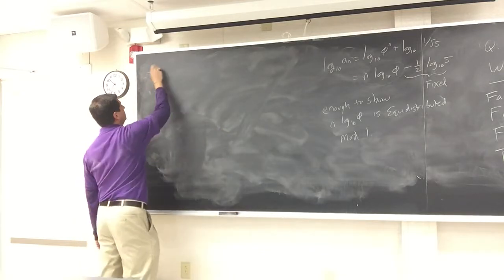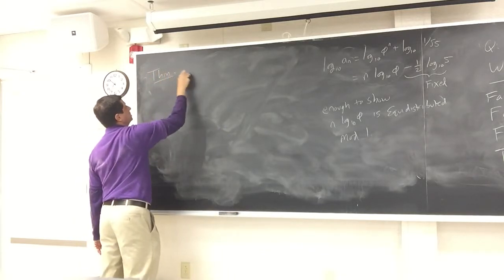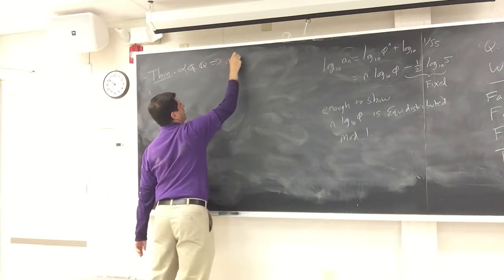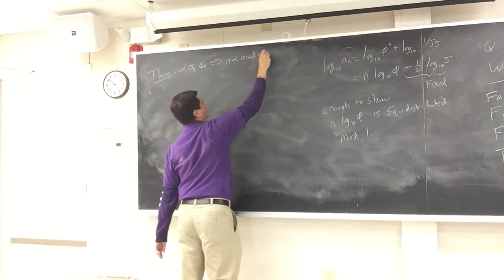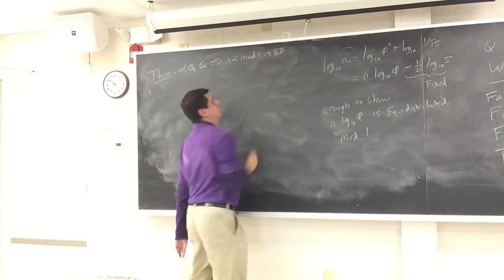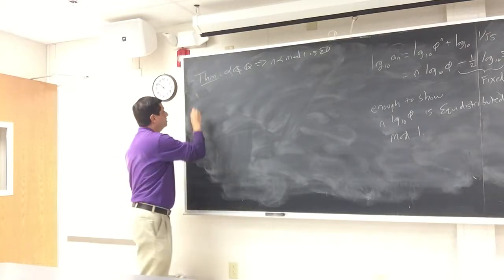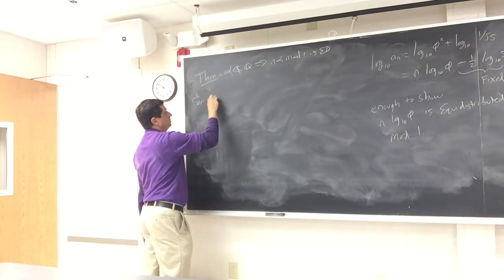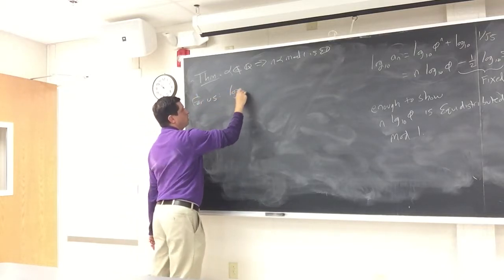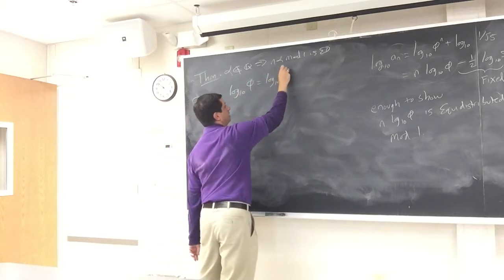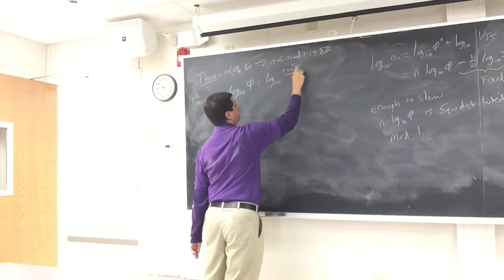So, theorem: alpha not in Q implies n alpha mod 1 is equidistributed. So for us, we need the log base 10 of the golden mean, which is the log base 10 of (1 plus root 5) over 2.